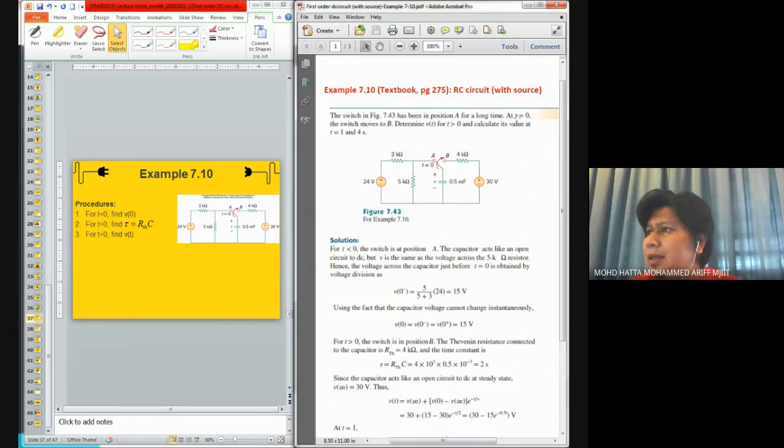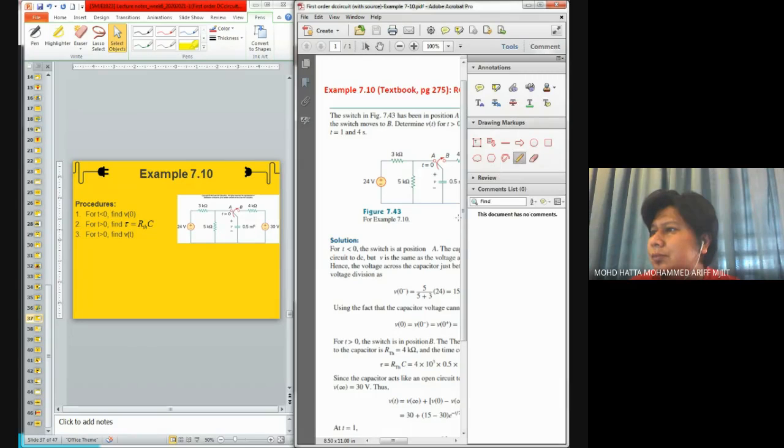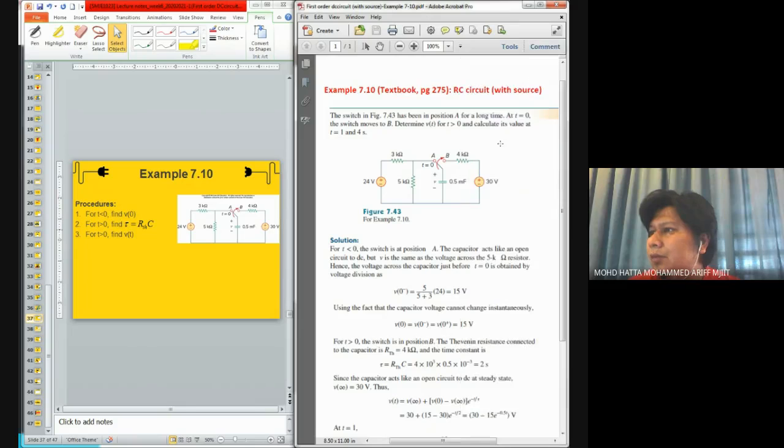At t equal to 0, the switch moves to B. Determine V of t for t greater than 0 and calculate its value at t equals 1 second and 4 seconds. Okay, it says that for t less than 0, it means that we should consider this circuit.